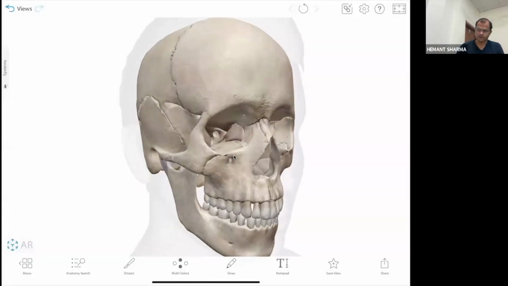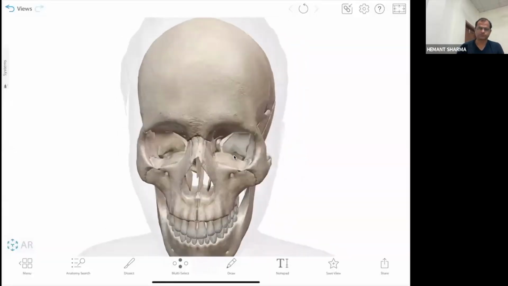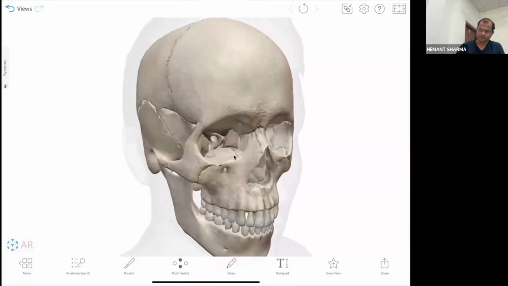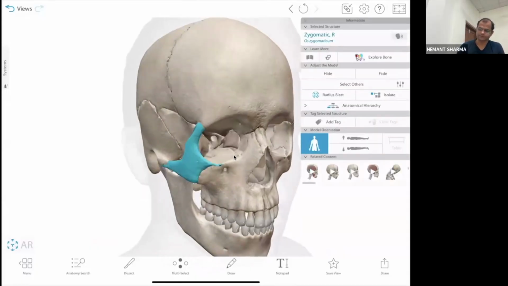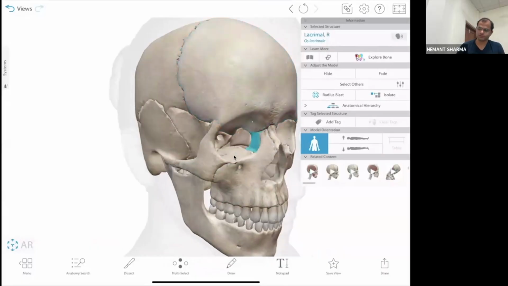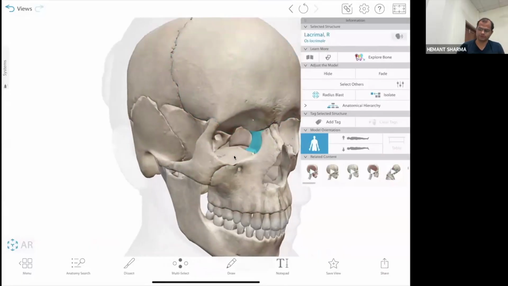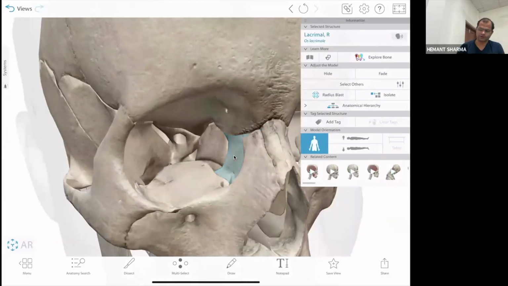So we can see this is the eye orbit. We can see lots of bone. This is the zygomatic bone, maxilla bone, frontal bone, lacrimal bone. There are lots of bone around.